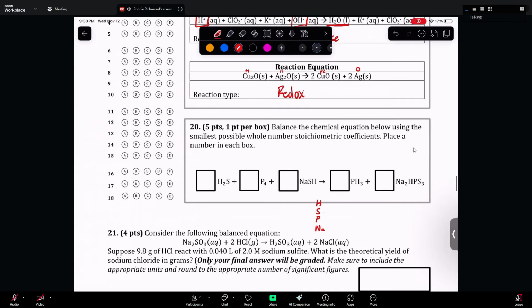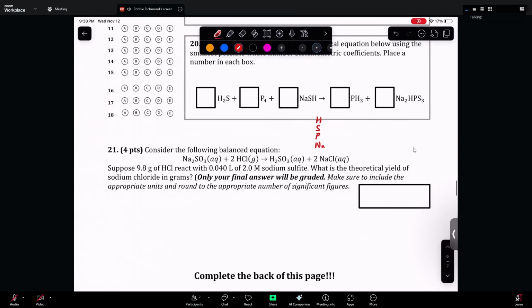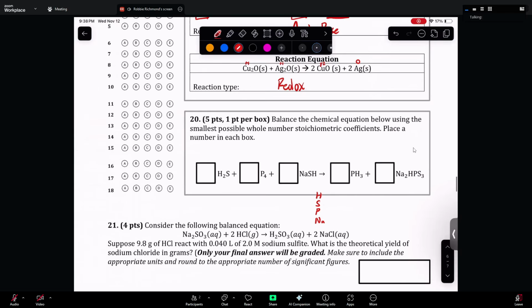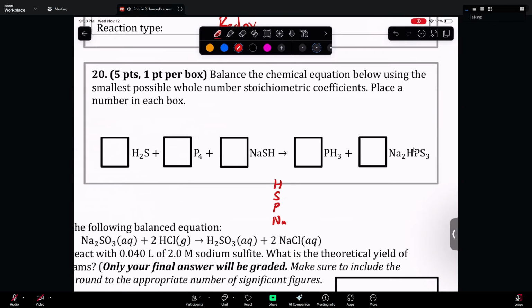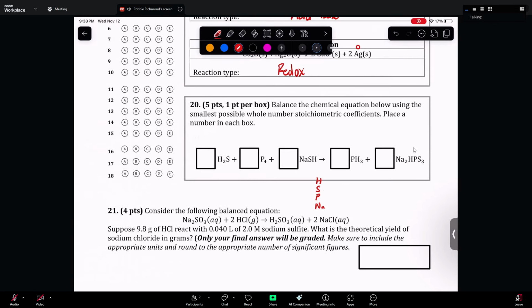All right, number 20. Briefly mentioned this right before we started this. This is the one that I would probably skip over because this one is frankly quite a difficult balancing equation. My tip for this would be to identify one element in the reactants and in the products that can be easily balanced.